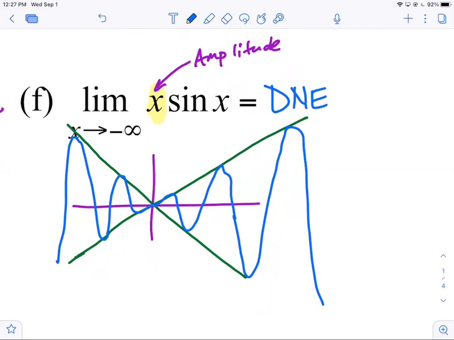And this one, if you think about for a while, will kind of blow your mind, because as you go out to the left far enough, before it turns around to go down, it's going to go up so high towards infinity that you can wait there forever and never see it turn around before it finally does turn around and goes back down towards negative infinity, at which point you could stay there forever to wait to see where it turns around, and you'll never see it turn around because it's going down so low, but it will eventually turn around and bounce back up towards infinity. That's weird, right? So it's definitely DNE.